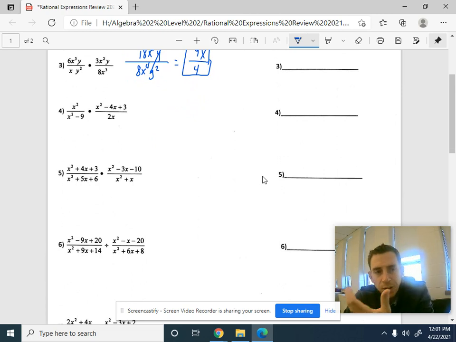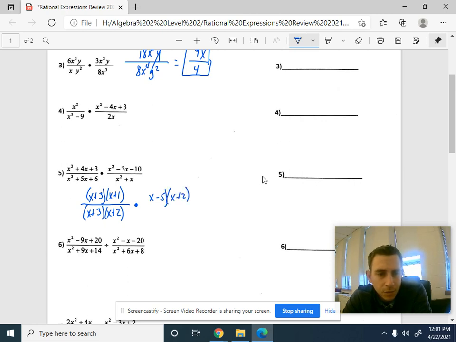Now, the next 2 questions involve multiplying, but really it's just factor and reduce. So I'll do number 5 here. I'll factor the numerator. And guys, these are very manageable trinomials. We shouldn't have any issue factoring these. All right, factor over here, factors of -10.